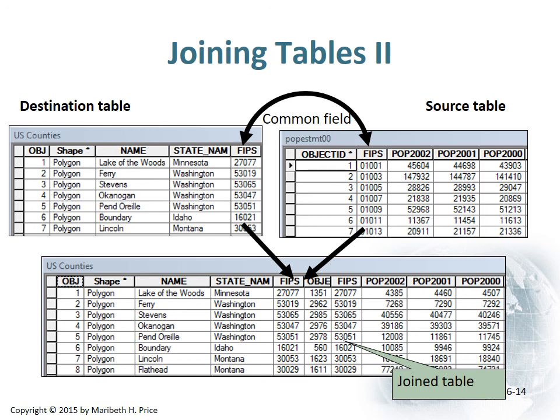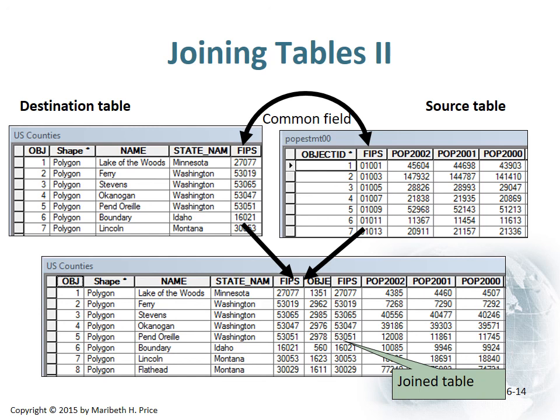So our original table, our first one for U.S. counties, has object numbers, the shapes, the name of the counties, the state name where they're from, and the FIPS code is the unique identifier. And that's all we have in there, but we want to bring in more information from the census. So different measurements made at the county level at different points in time.